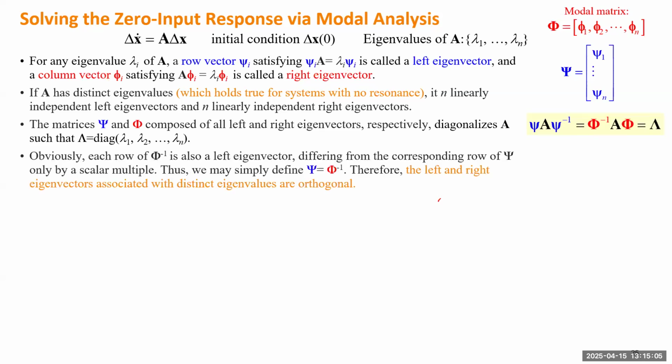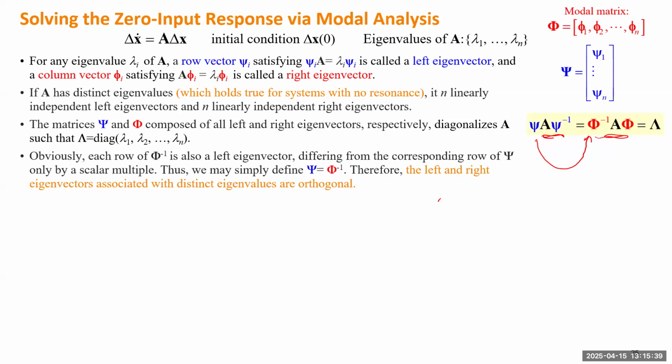Okay, so next, if we compare this and that, it seems the psi is somehow related to the inverse of phi. Which means even if psi is different from phi, they're only different by maybe a scalar multiple, which means for each row of psi, you multiply by some number.